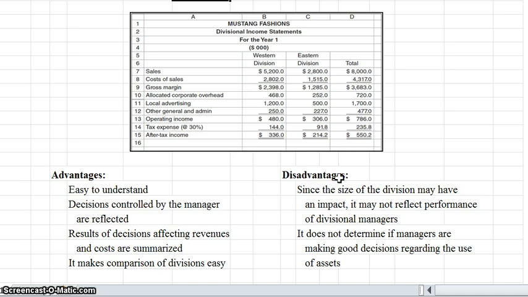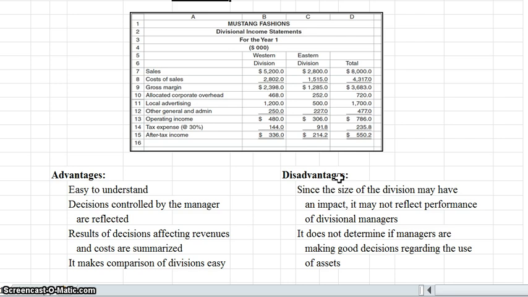Some of the advantages: it's easy to understand. The decisions controlled by the manager are reflected right in those results. They're summarized very easily. It's easy to compare. But some of the huge disadvantages is that it doesn't take into account the size of the division. It doesn't determine if the managers are making good decisions regarding use of the assets.